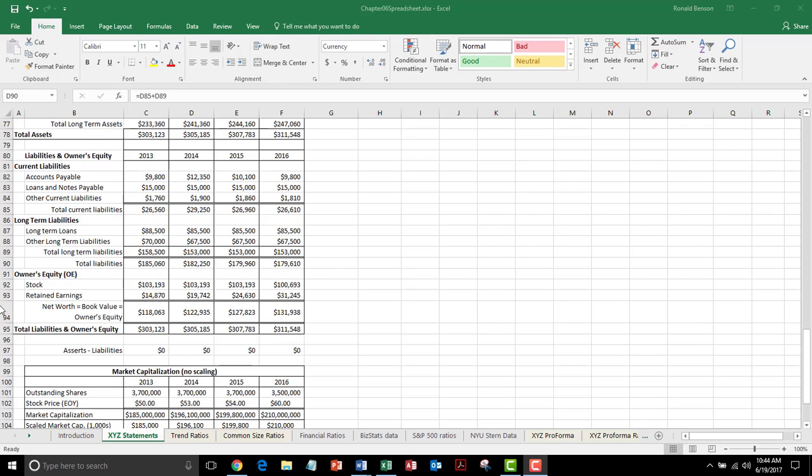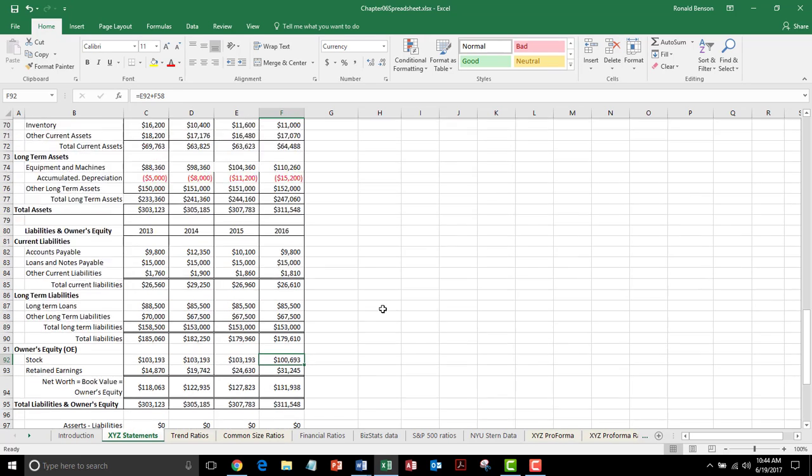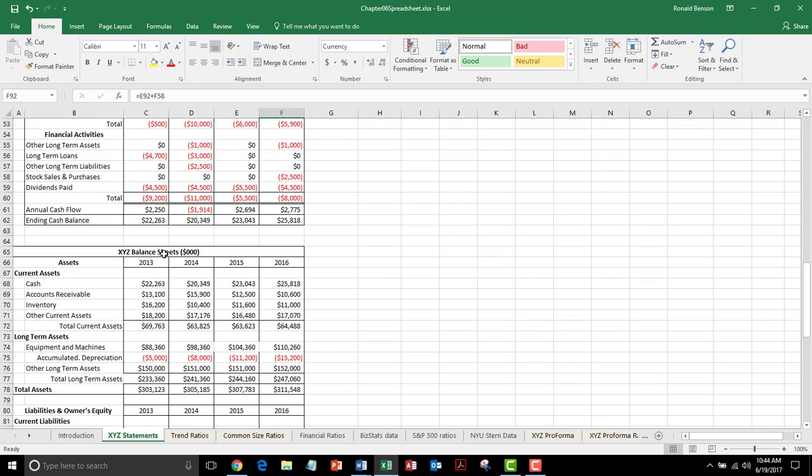And what is left is the owner's equity section down here. The stock stayed constant for 3 years and then changed in the last year. We go to cash flow. Stock sales, there were none in the first 3 years, and we bought back stock. We paid cash out, so our cash balance went down.